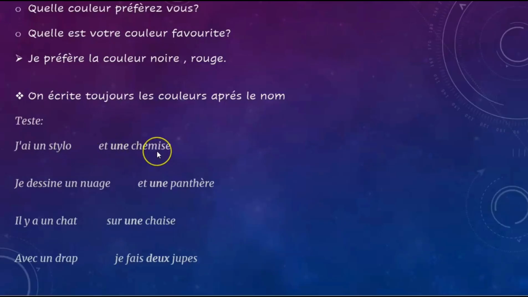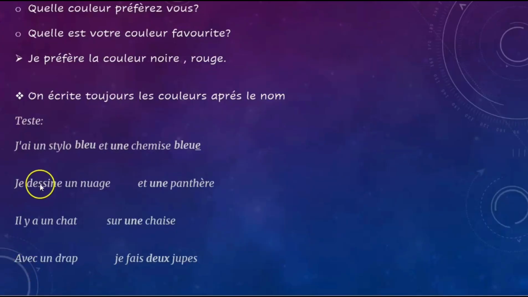And une chemise, it's feminine, so you have to use the color in its feminine form. So now you're using bleu. J'ai un stylo bleu. Bleu is used in its masculine form. And une chemise bleue. So here bleu is used in its feminine form. E is added. D'accord?